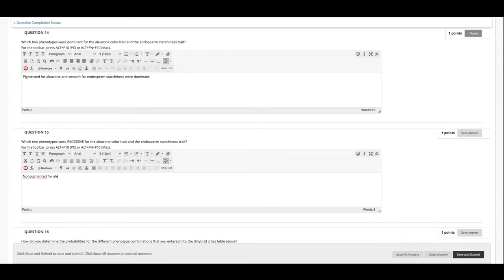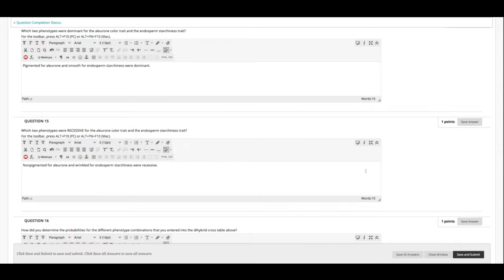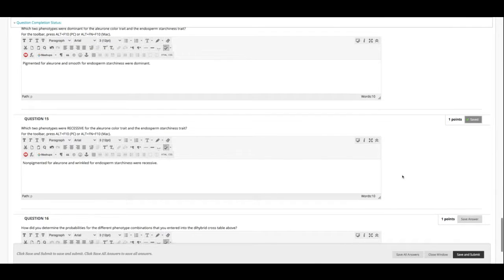Non-pigmented and wrinkled for endosperm starchiness were recessive. Kayleen says yeah. Laugh out loud.